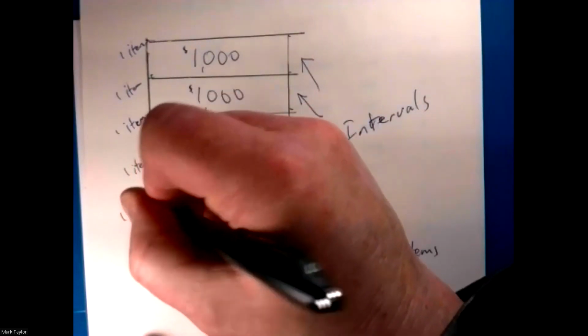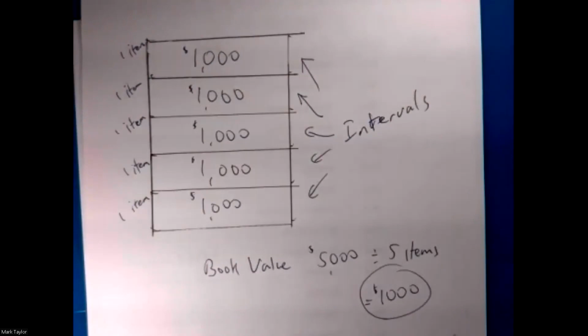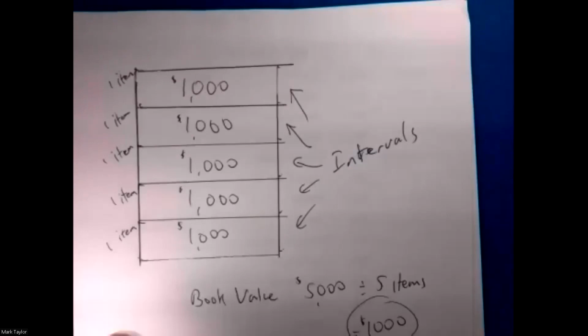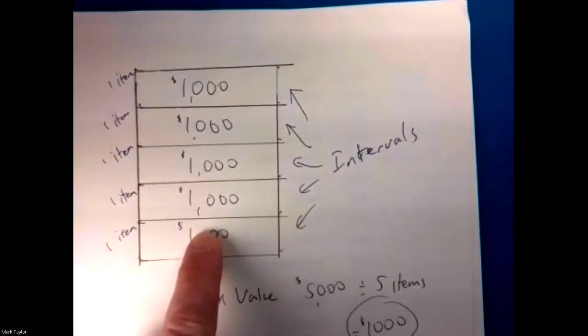So we're going to have a total of 5 items, but 1 from each interval.